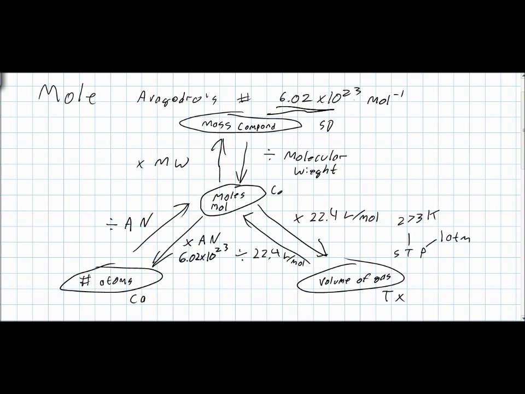Sometimes they will put atoms times moles to the -1, so it's atoms over moles. But more often than not, you'll just see negative moles. Just know it puts you in terms of the number of atoms.